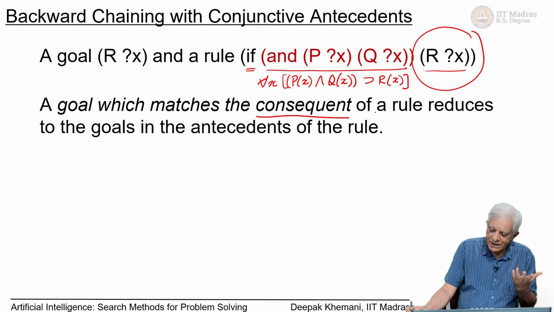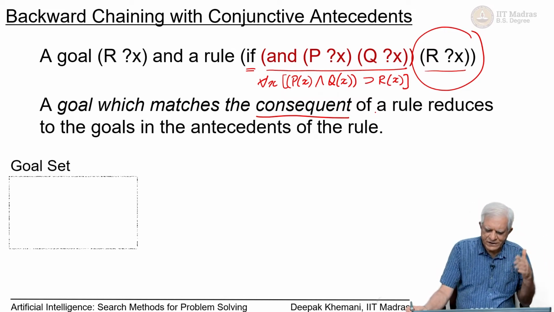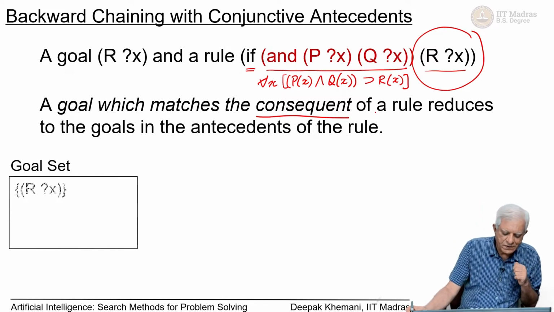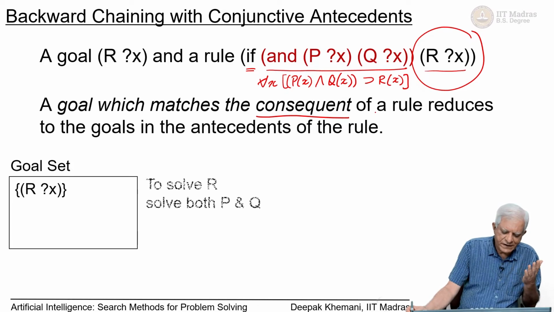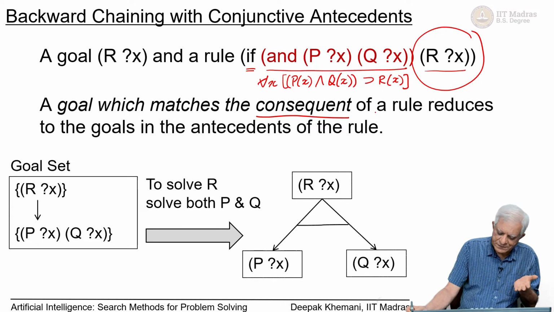So, if you match R of x, or if you match saying that x is an R, then you must reduce it to showing that x is a P and x is a Q, and that is done in backward chaining by maintaining a set of goals that you want to be shown to be true. Initially you start with the set R of x, we want to show that R of x is true, and to solve that we solve both P and Q. So, show that P of x is true and show that Q of x is true.